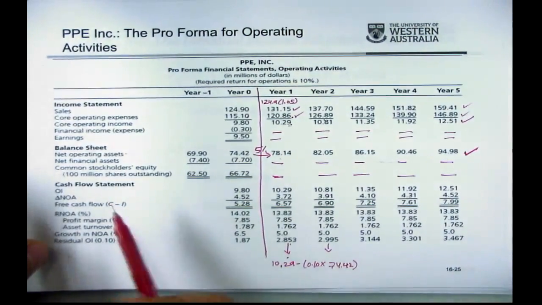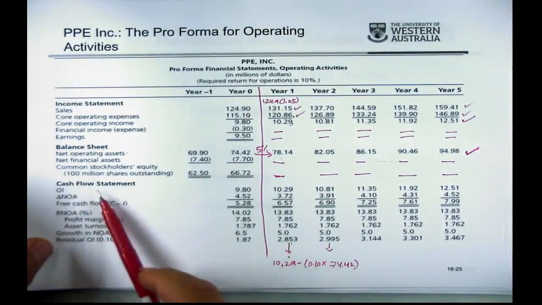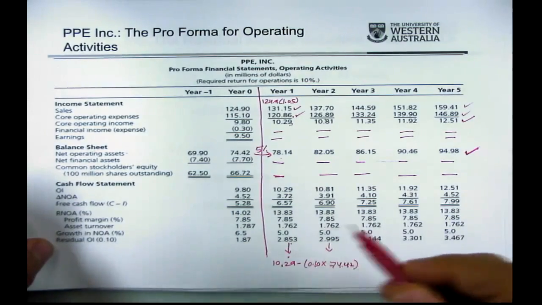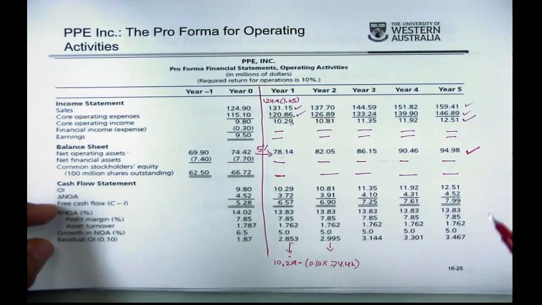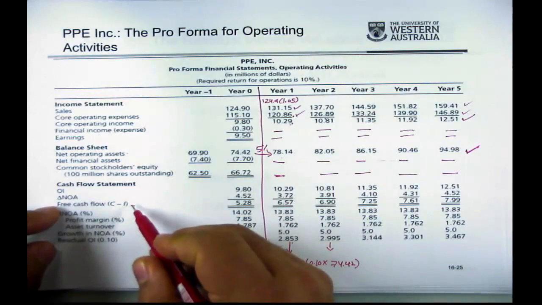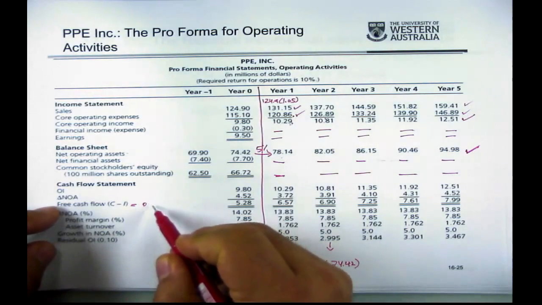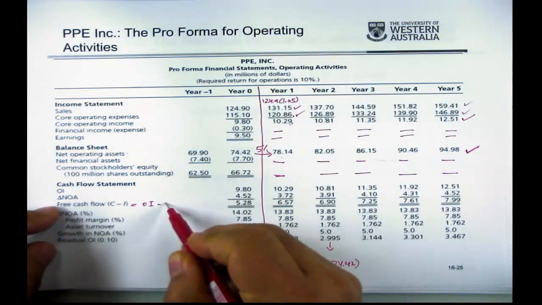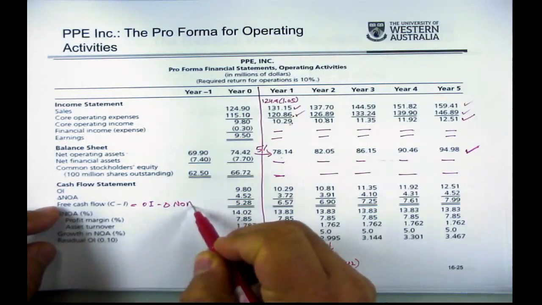And also sometimes we are interested in forecasting the statement of cash flow. We already can calculate half of the statement of cash flow. Remember that free cash flow, C minus I, can be calculated as operating income minus the change in net operating assets.